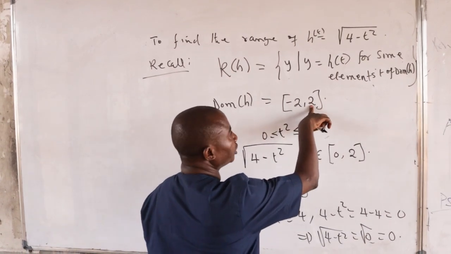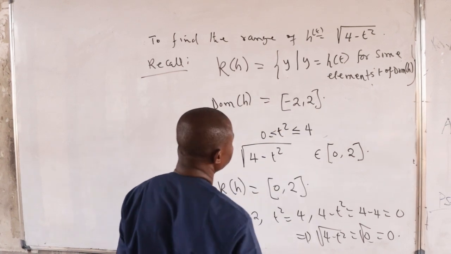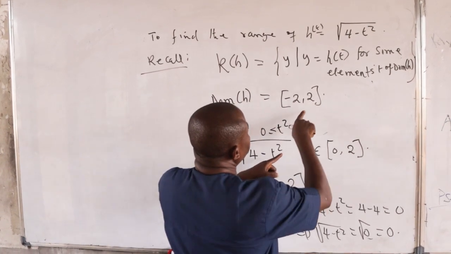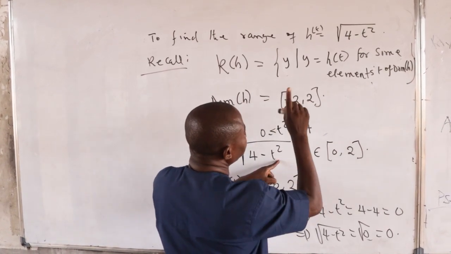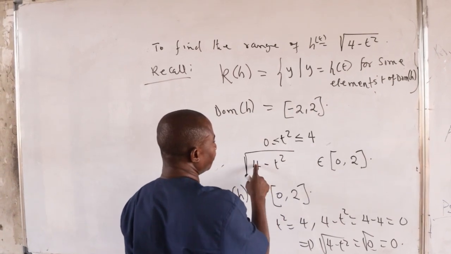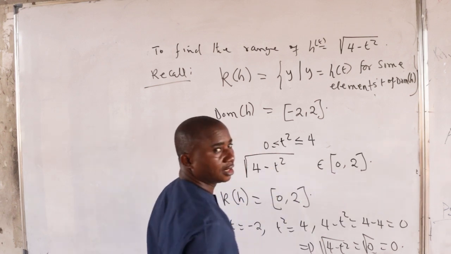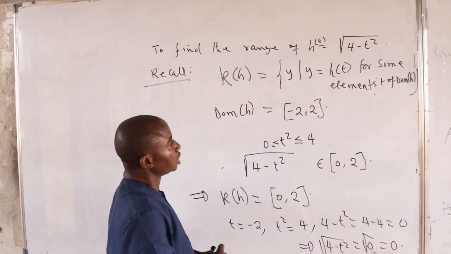The same thing will happen if t is 2. t squared has the least value if t is 0. So if t is 0, 4 minus 0 is 4. You take the square root of 4, you get 2.